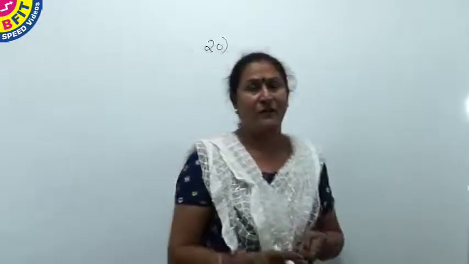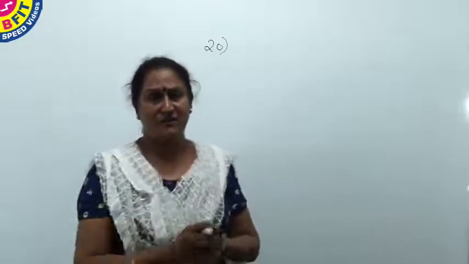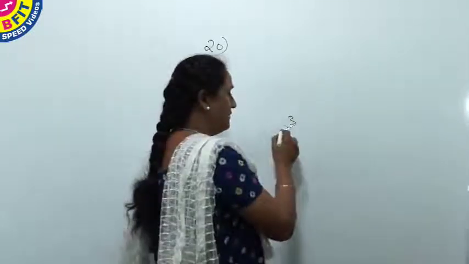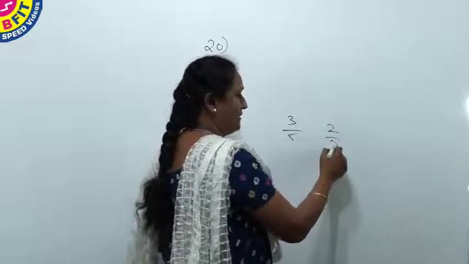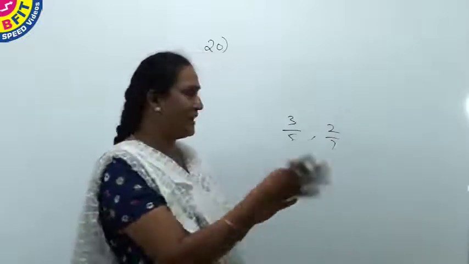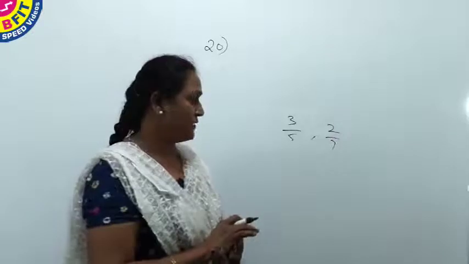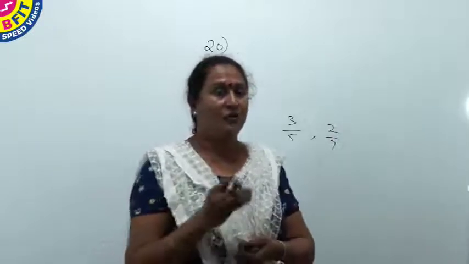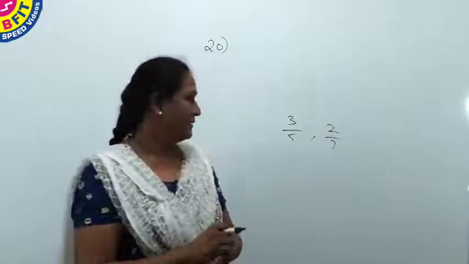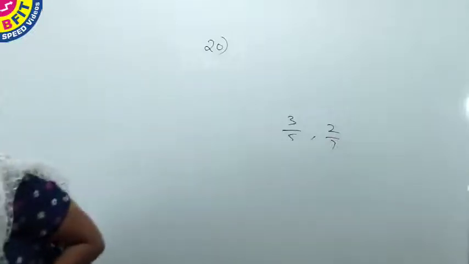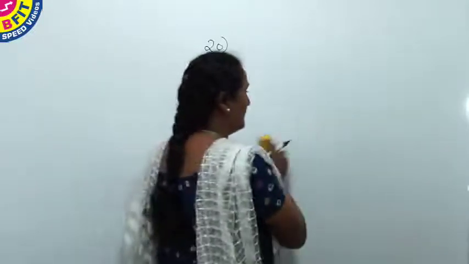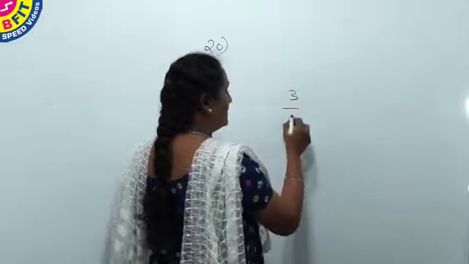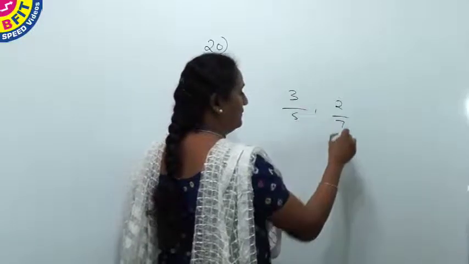So whenever you have fractions in a question, here we have 3 by 5 and 2 by 7. So instead of taking 1 minus 3 by 5 or 1 minus 2 by 7, I'll tell you a shortcut on how to proceed for this type of question. The two fractions given here are 3 by 5 and 2 by 7.